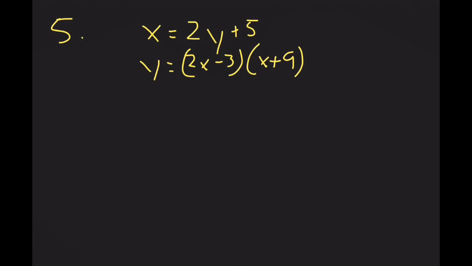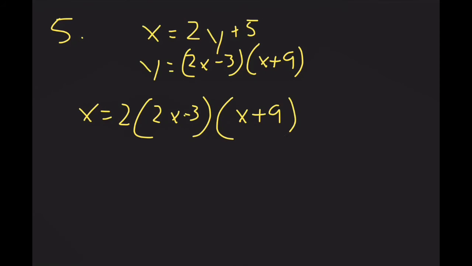You can combine the equations either way, but I'll combine y equals 2x minus 3 times x plus 9 into x equals 2y plus 5. So x equals 2 times 2x minus 3 times x plus 9, plus 5.